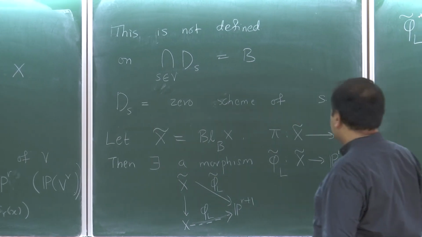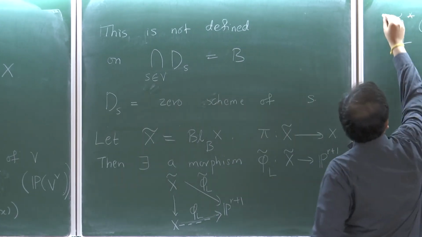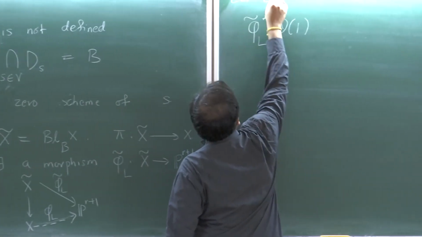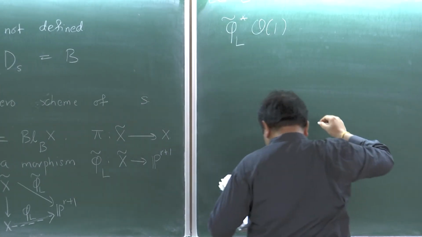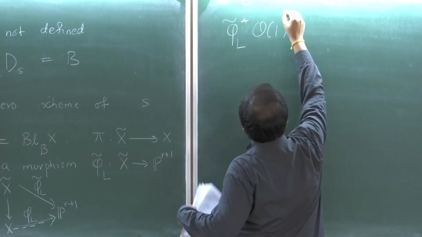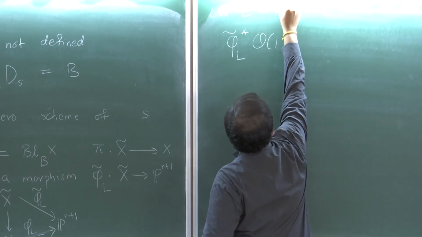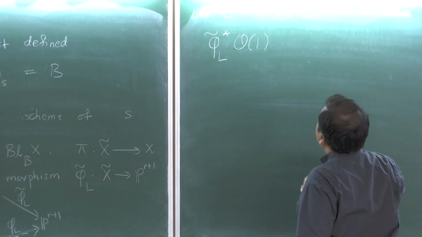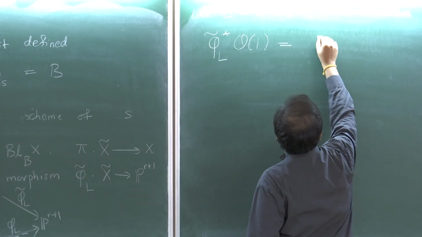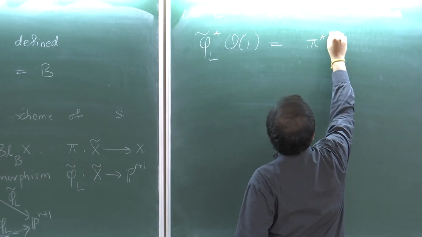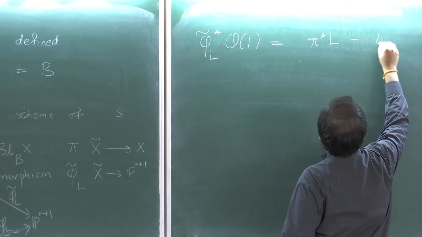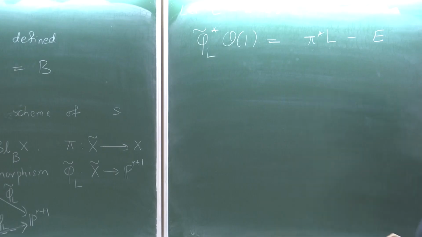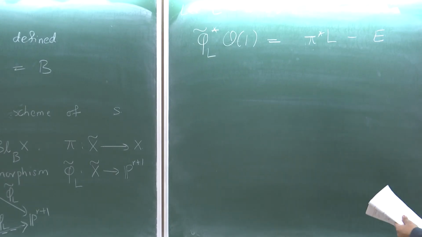Let E be pi inverse of the exceptional divisor. So this is equal to pi upper star of L minus E. This is something you would see in most elementary texts.